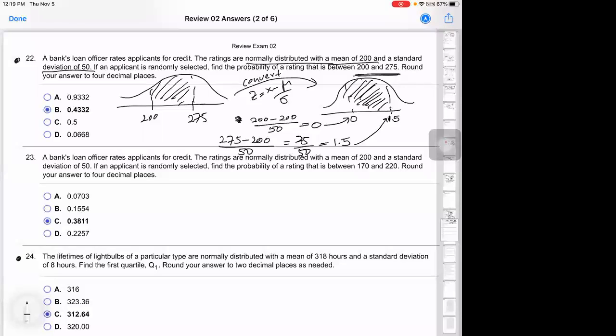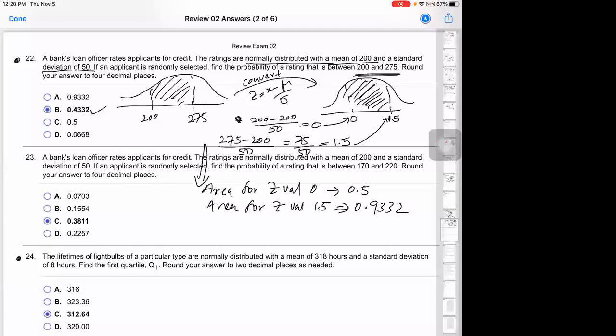The area that belongs to Z value 1.5 is, I think, 0.9332.